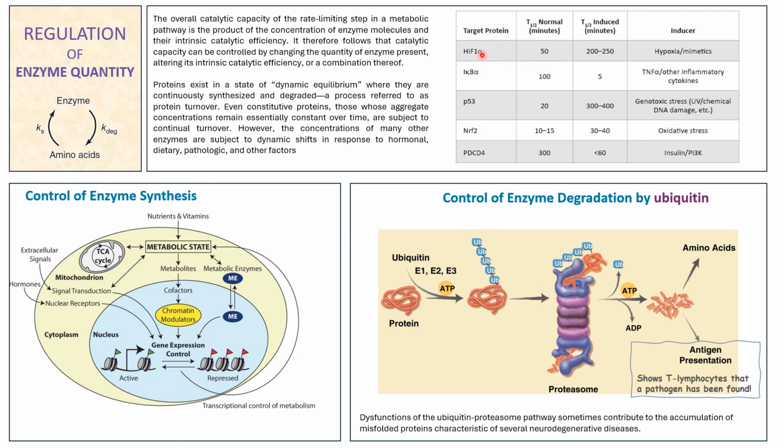So for this one, HIF1 alpha, we've got 50 minutes. For I kappa B alpha, 100 minutes. For P53, a vital tumor suppressor protein, just 20 minutes. NRF2, 10 to 15 minutes, and 300 minutes for this one. So for any given protein, there's a normal half-life for that protein.